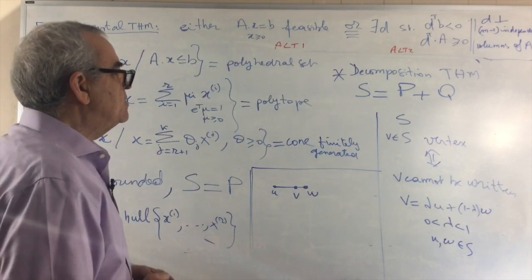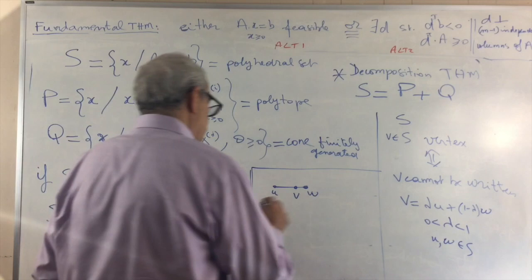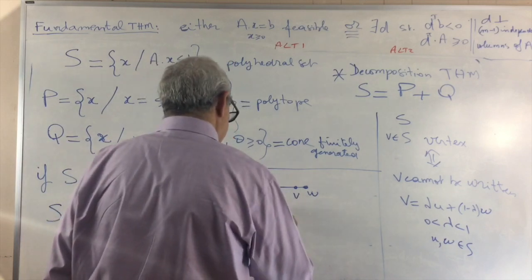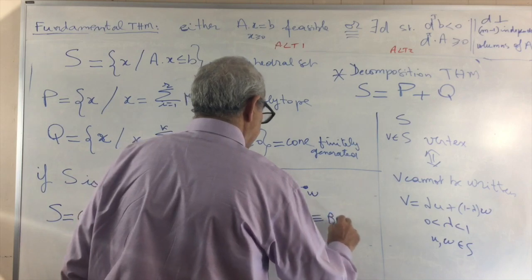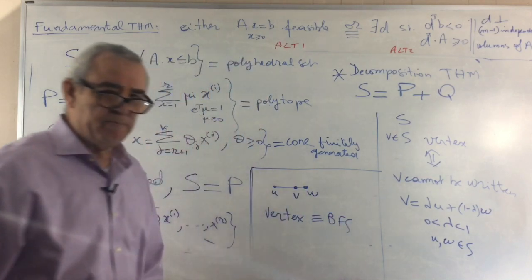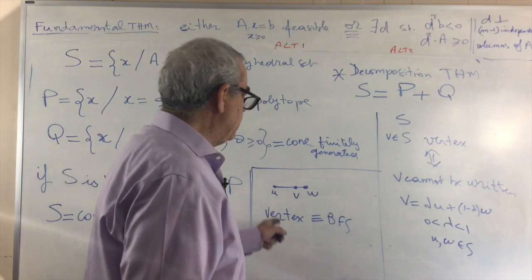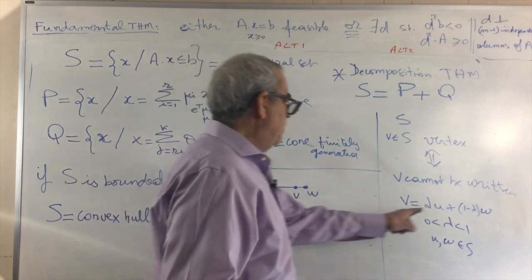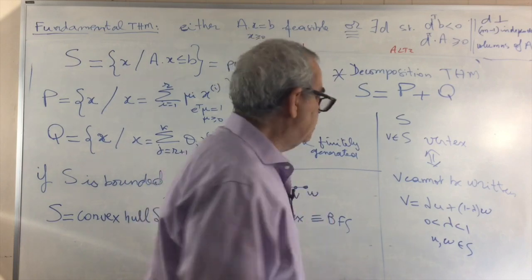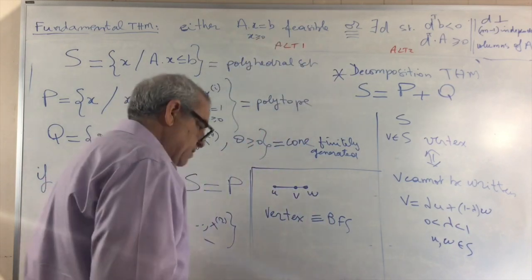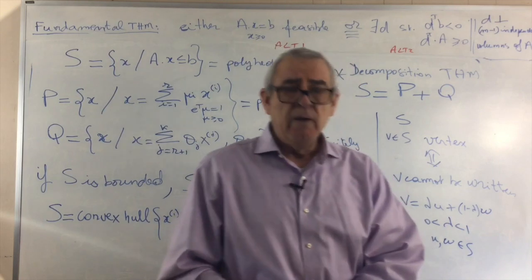That's called the vertex. And a vertex, if we're doing the simplex, is equivalent to a BFS. You could show that a basic feasible solution cannot be written as a convex linear combination of two other points in the set.